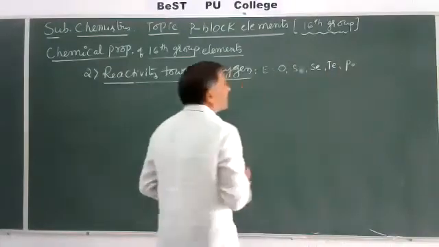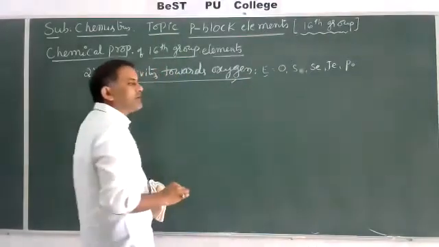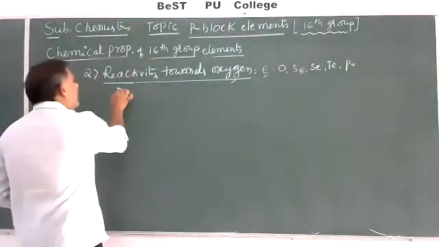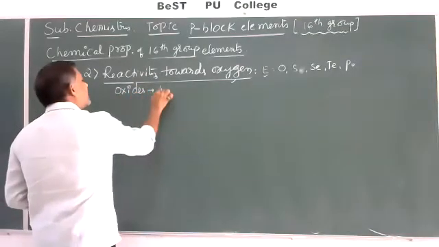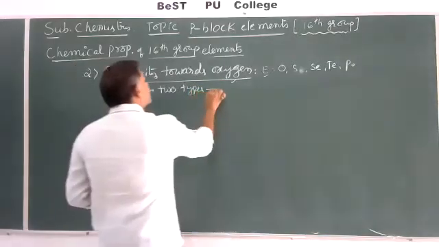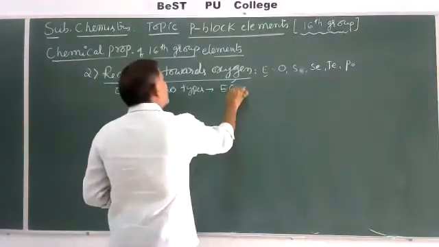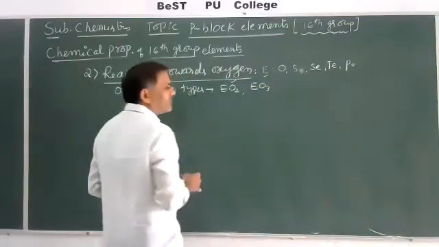These elements combine with oxygen directly and form the corresponding oxides. These oxides are generally of two types: EO2 and EO3 type.